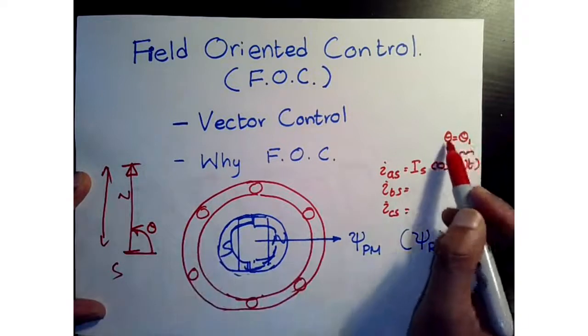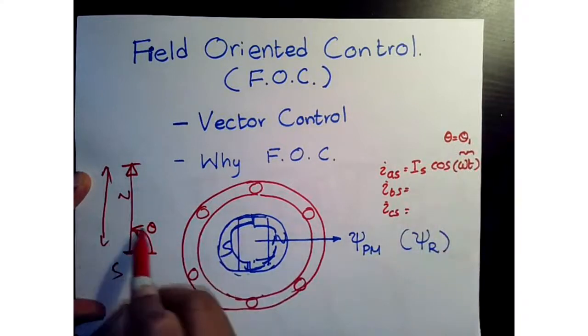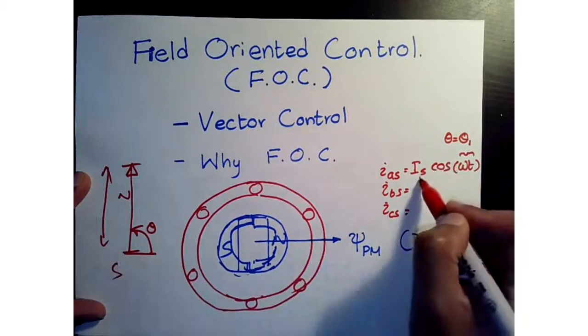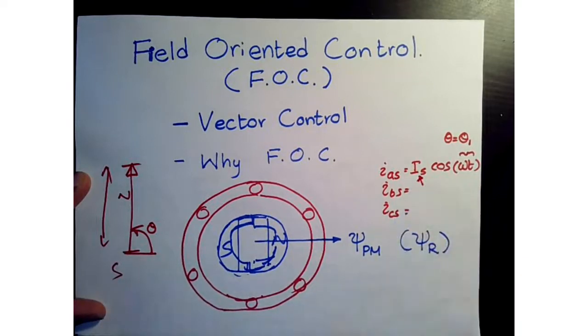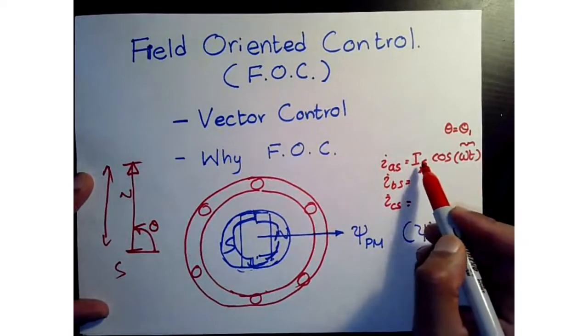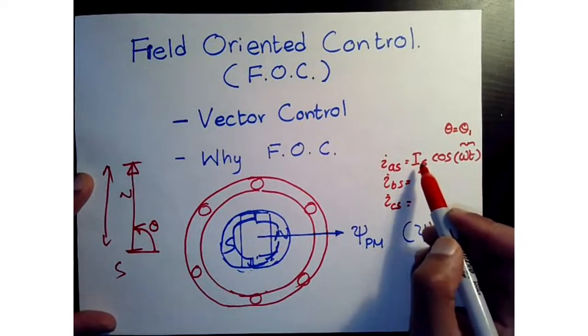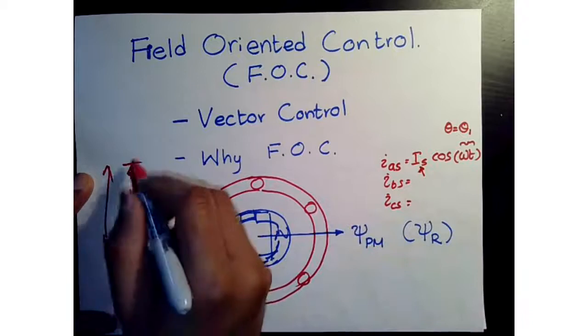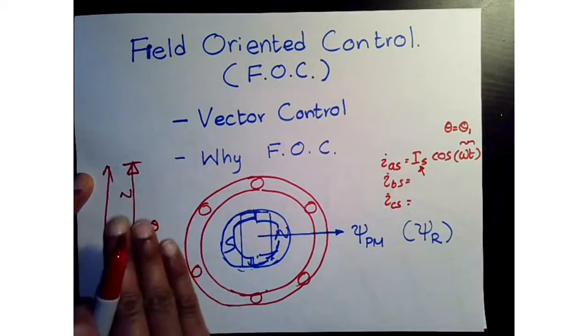We know we can use this angle to control how we position the stator flux vector. You can use this IS to change the amplitude. You can apply different voltages that will result in a different current, which in turn establishes a different magnitude of flux.